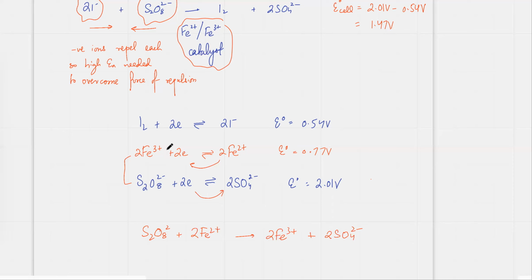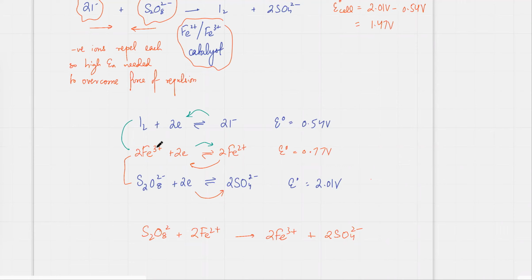Similarly, this Fe is also going to react with the iodine equation that's over here. So iodine is going to come along and would also react with the Fe. In that case, the Fe is the higher potential, so Fe is the one that's going to gain electrons, and the iodine one is the lower potential, so that's the one that's going to lose electrons. So you have another reaction going on: iodine reacting with the Fe.